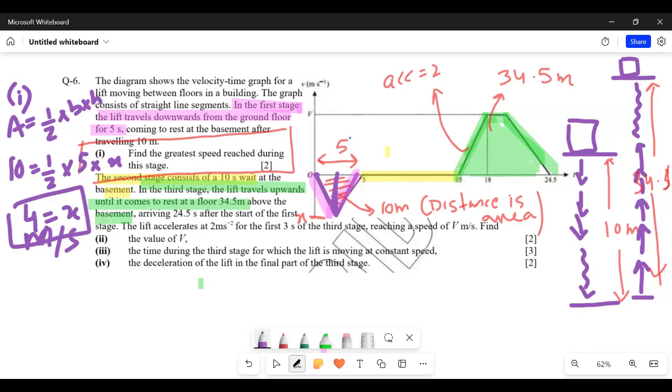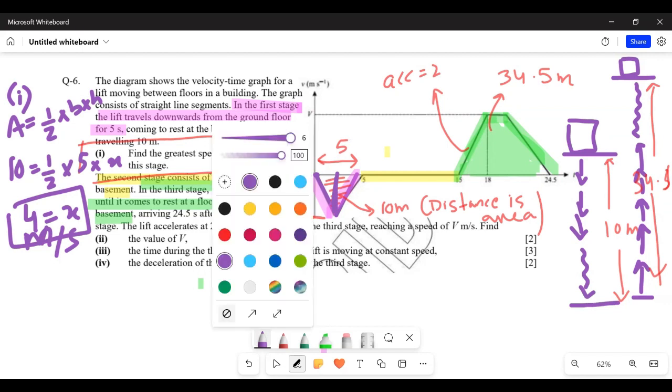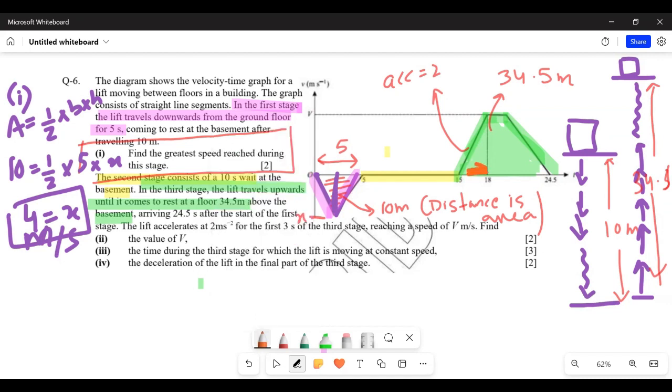Okay, next part. Find the value of v. Okay, so for v, what we can do is look at this part of the journey. Because here the speed goes from 0 to the highest speed, which is v, which we have to find. Okay, so we don't have the distance of this part.